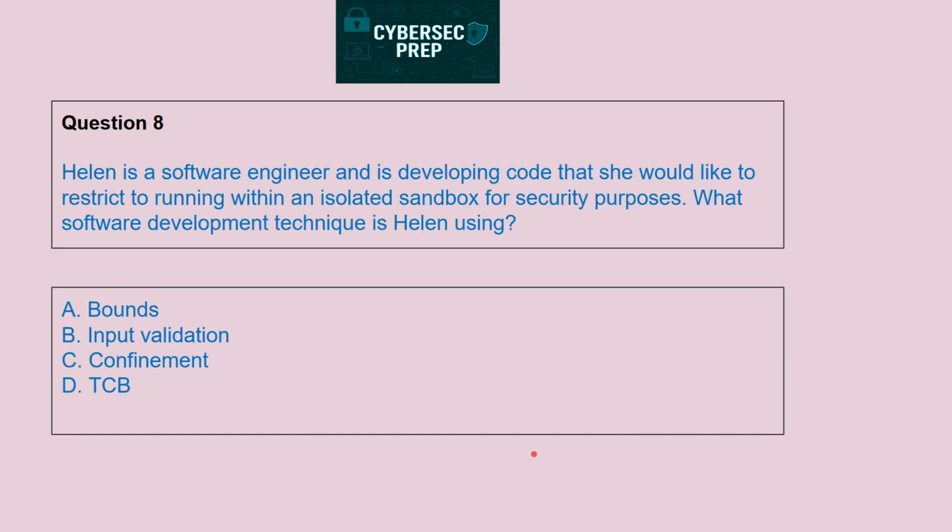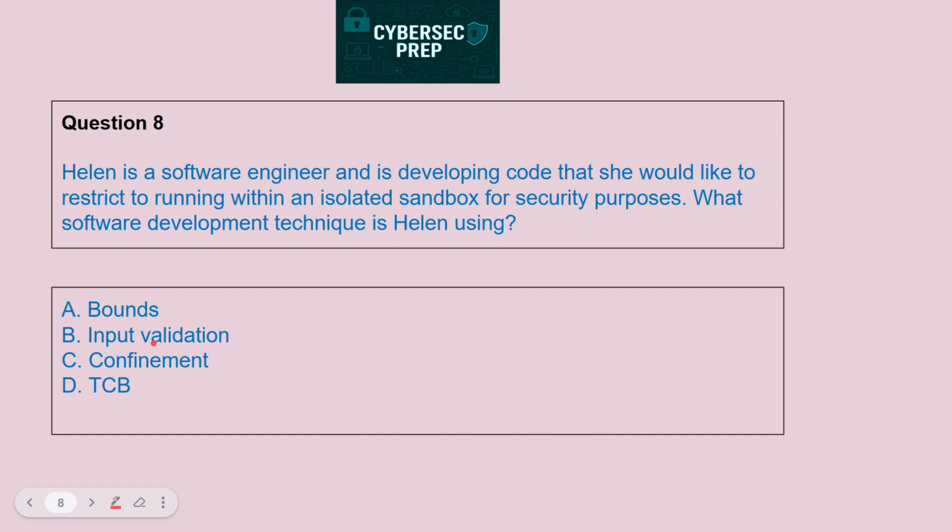Question number 8. Helen is a software engineer and is developing code that she would like to restrict to running within an isolated sandbox for security purposes. What software development technique is Helen using? Bounds, input validation, confinement, or TCB?